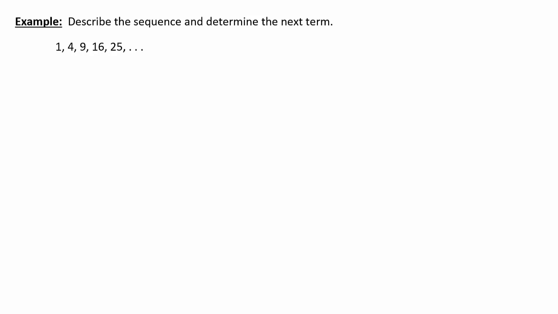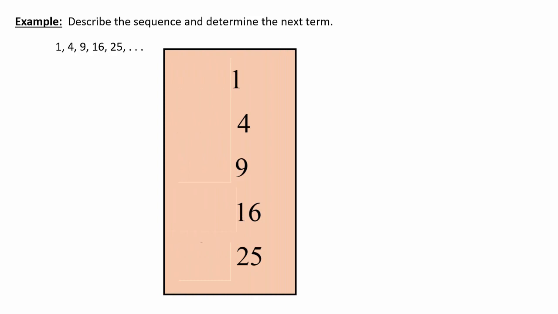In this example, we're asked to describe the sequence and determine the next term. We have 1, 4, 9, 16, 25. I find it's often easier to determine the pattern by looking at the later numbers in the sequence rather than the first few. So we look at 9, 16, 25.